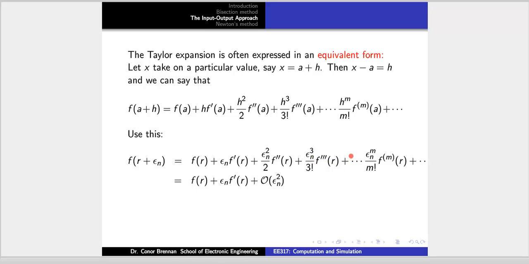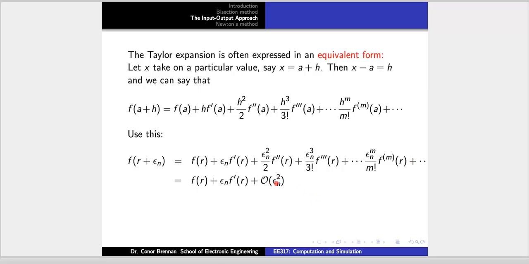Epsilon n to the 4 is a really small number, and so forth. Okay? So if epsilon n is small, these terms are getting smaller and smaller the further out we go, which means that the most important terms are over towards the left. These are the important terms, and over here to the right are the less important terms.